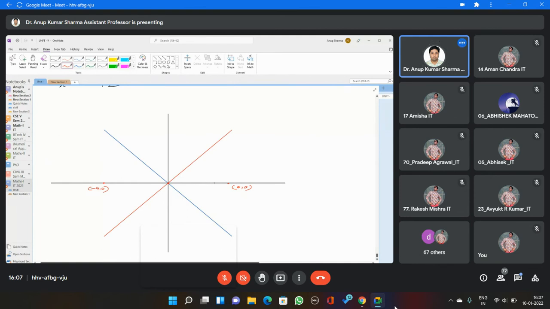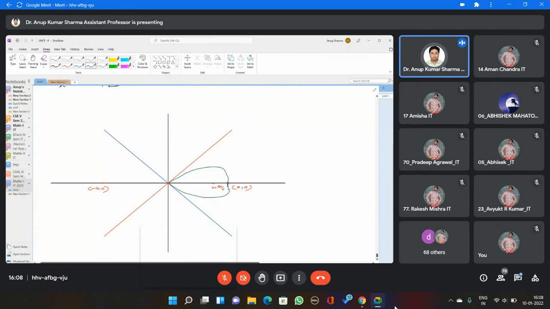And the value at a is equal to 3a by 2. So when we draw, it is coming in this manner. By the symmetry, it's like a leaf.